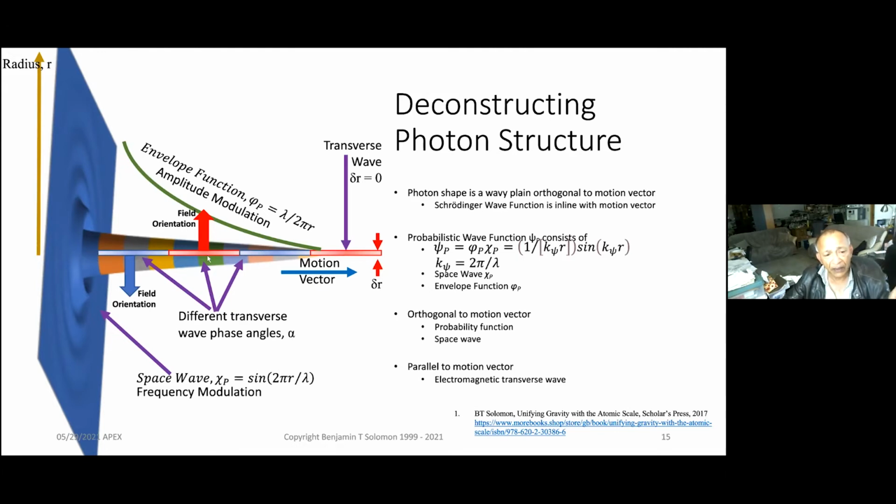Then you have a peak; the probability peaks here along the axis of motion, right at the center of the axis of motion, and it curves downwards with lambda over 2 pi r. R is the radius from the center of the motion vector. And here the envelope function is lambda over 2 pi r, which is basically 1 over r.